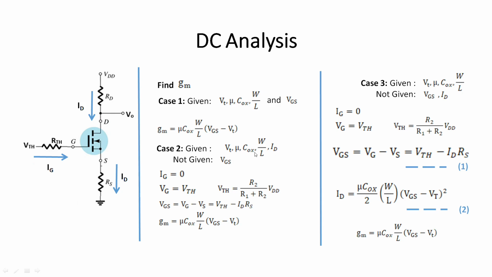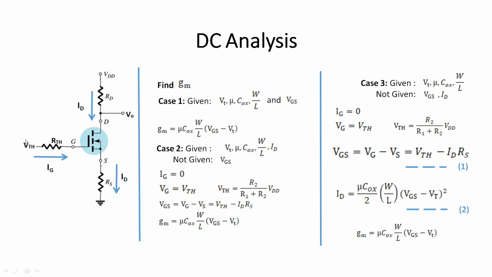Now in the second case, if VGS is not given, but other parameters like threshold voltage, mobility, Cox, W by L and ID are all given, then first let's find the potential difference between gate and source. Now the gate is separated by dielectric, so no current passes through the gate, so the gate current IG will be 0.